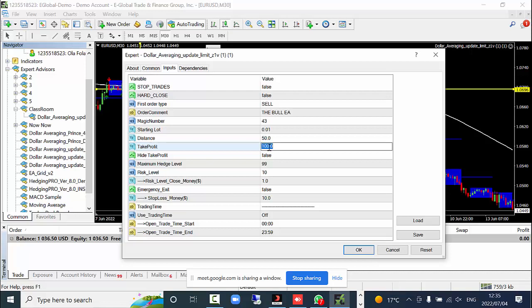Then the market now comes against you. You hit another 15 pips, minus.